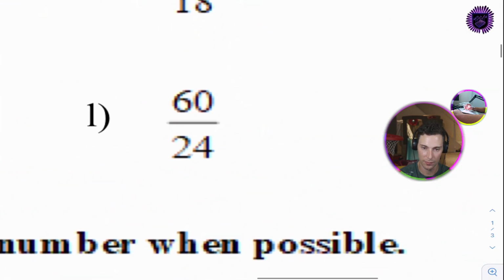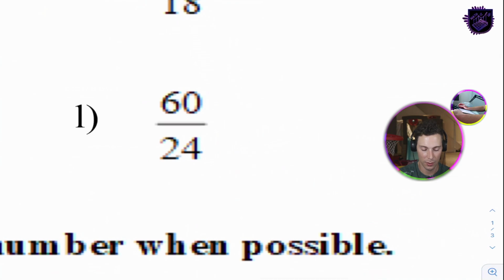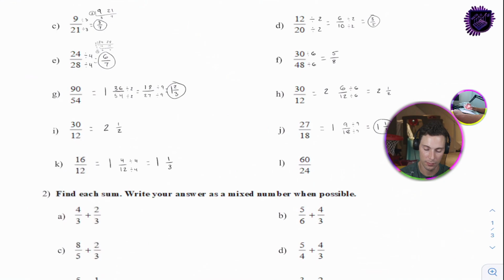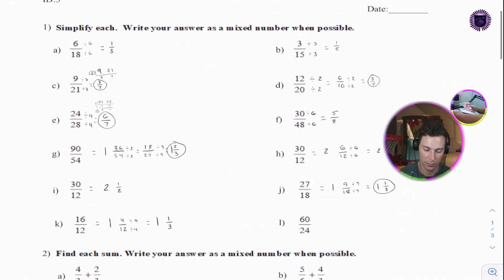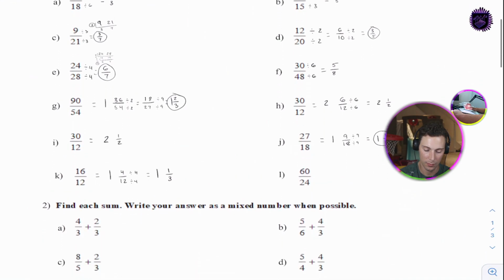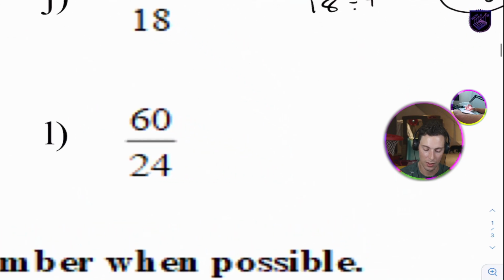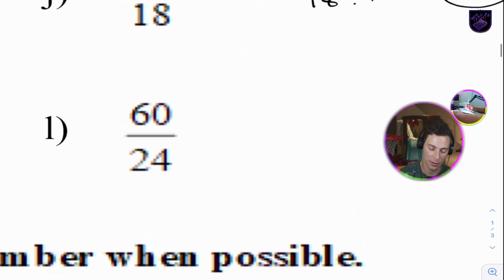60/24. This is question 1L. 60/24. Is there 2? Yes, there is. So 24 times 2 is 48. It's going to be 2 groups of 24 within 60. 2 whole groups.